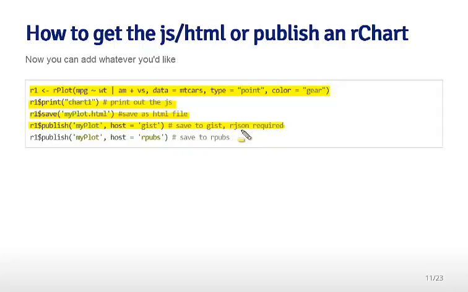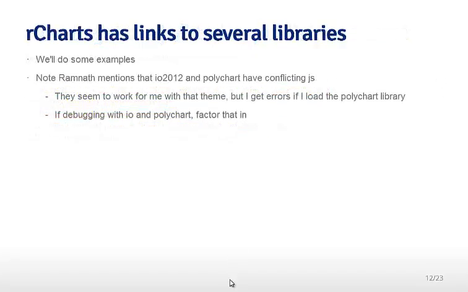You have to have the package rJSON installed to do that. You can save it to rpubs, which is a collection of R graphics, and so on. But I like to put them into Slideify documents, which is maybe a little bit more finicky, but once you get used to it, that's what I like to do.